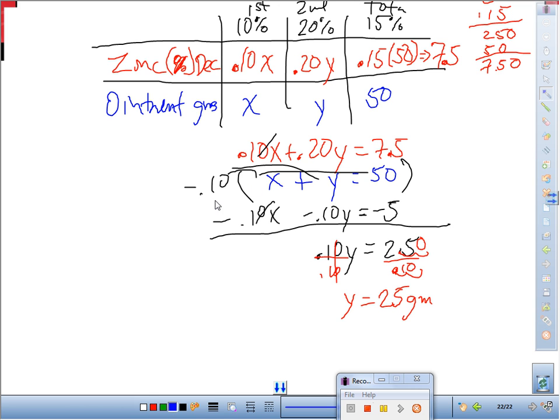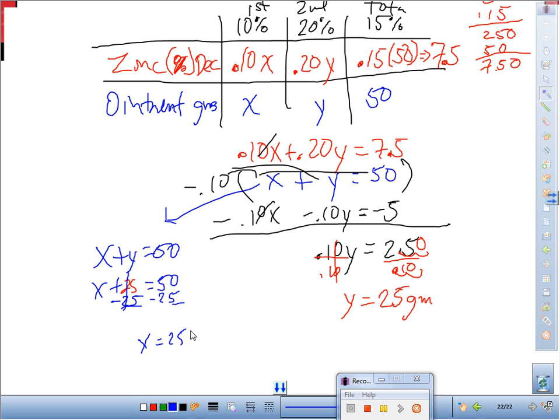And we write our equation, x plus y equals 50. And then from there, we substitute for y the value of 25. Bring everything else down. X plus 25 equals 50. And then subtract 25, subtract 25. X equals 25 grams.